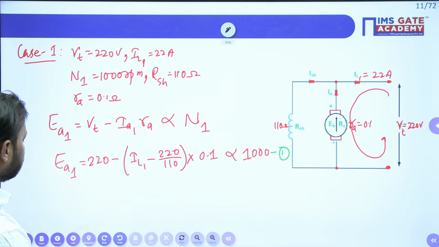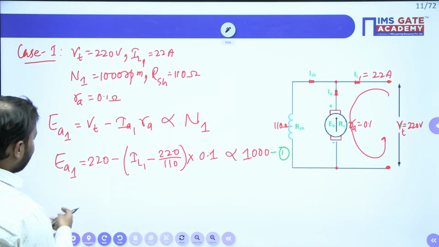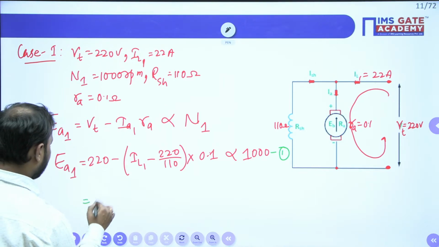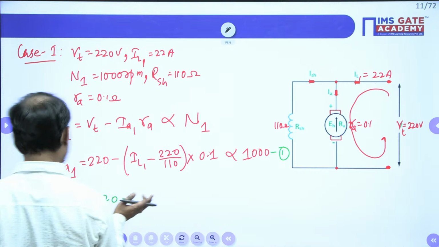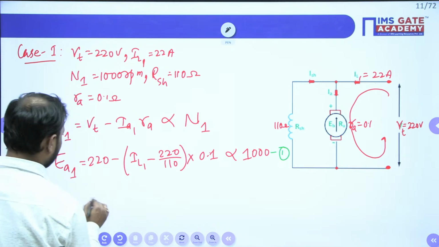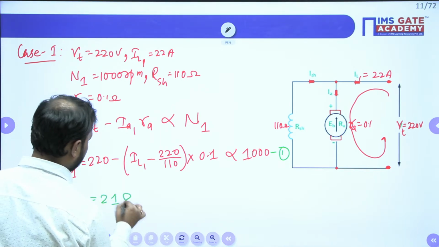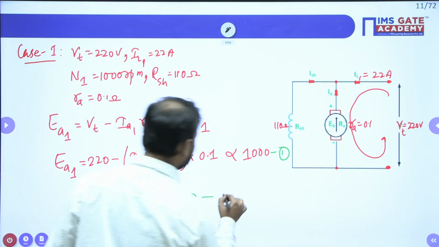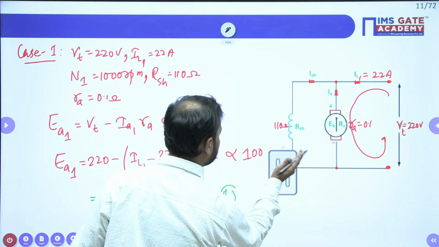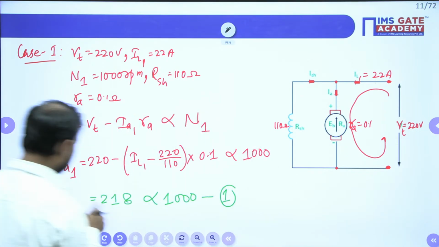Done. Now, what is the EA1 value? Can we have this value here? Please let me know. This is 220 minus, or let me write the answer directly. This will be 218, which is proportional to 1000. Let me take this as equation 1, and this is EA1.